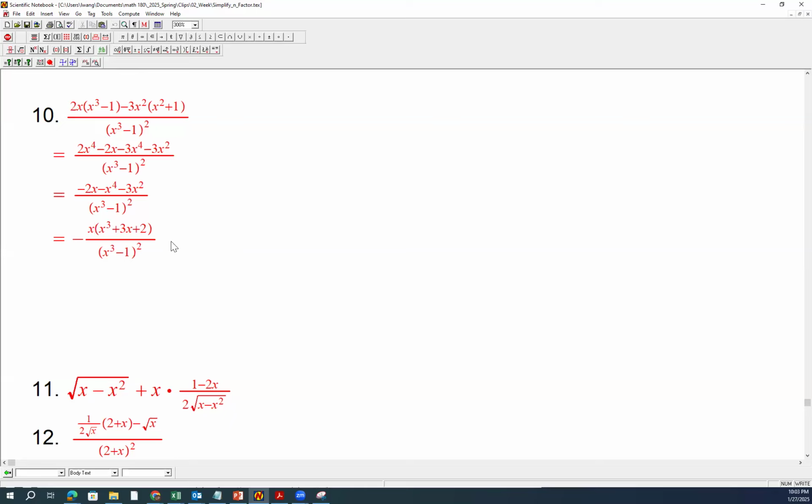Can we factor this further? I think factoring this one further would require some extra work, some other factoring techniques.